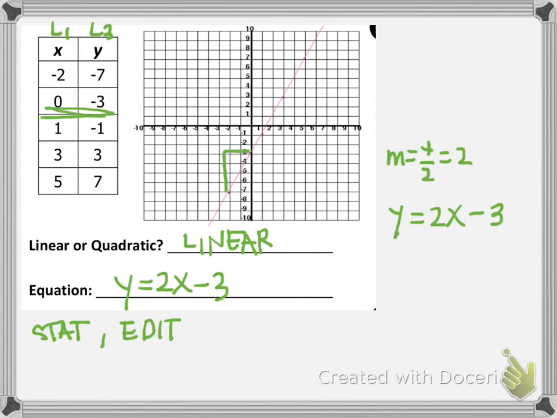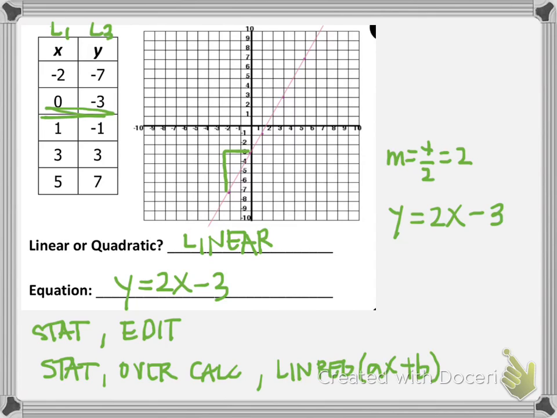Now, since we see that it's linear, we're going to click back on Stat. Go over to Calc. It's linear, so I'm going to go down to the linear regression. Enter, calculate.